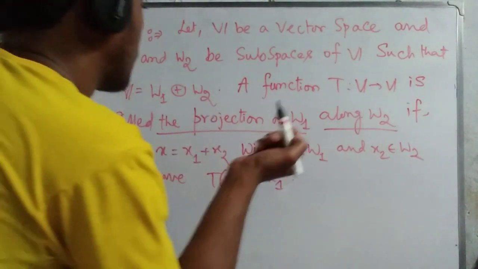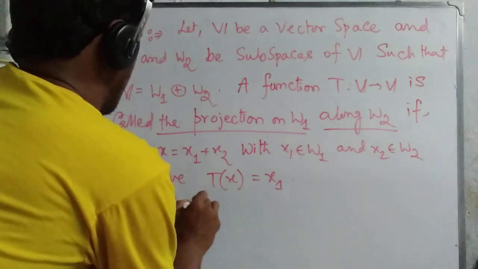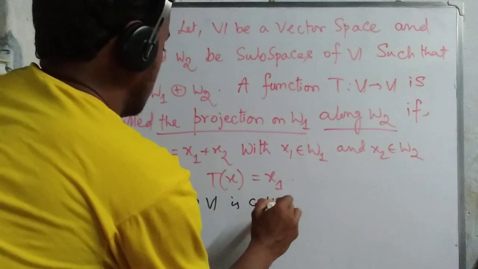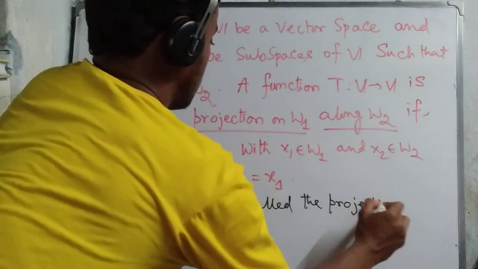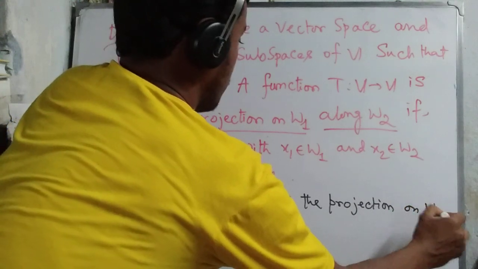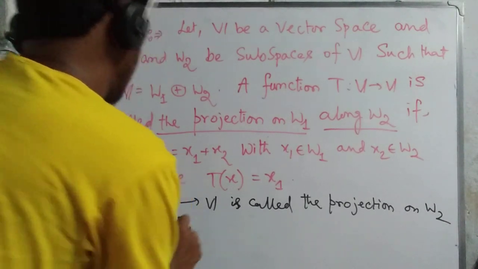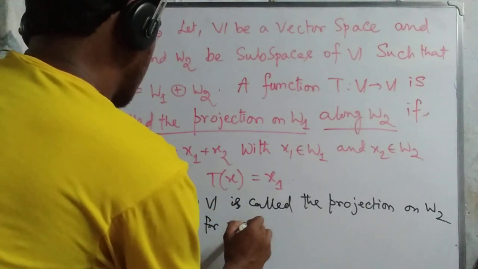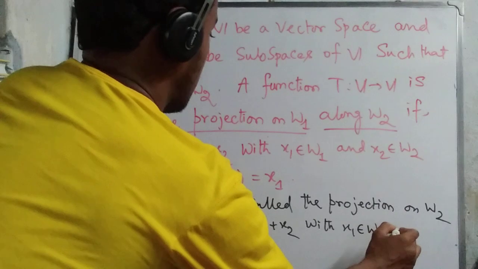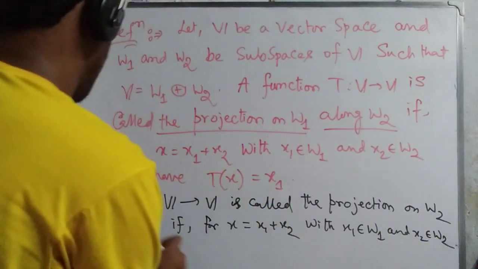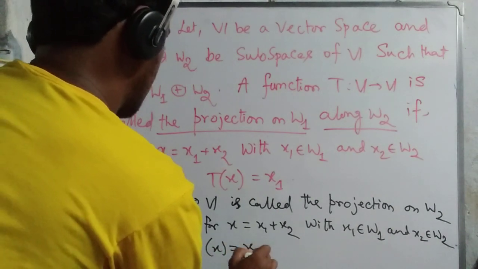If we call it U, here U: V to V is called the projection on W2 along W1 if for x equal to x1 plus x2 with x1 belongs to W1 and x2 belongs to W2, we have U of x equal to x2.